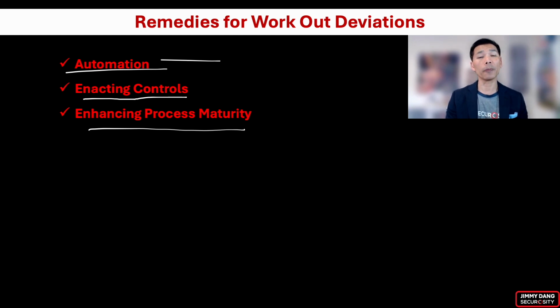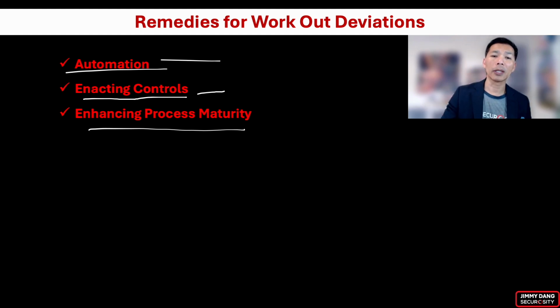It is essential to identify activities that are suitable for automation because not all automation will be beneficial to the organization as well as all parties that are involved. Next, enacting controls. Establishing key controls helps pinpoint factors that contribute to outcome deviation, paving the way for continuous improvement.